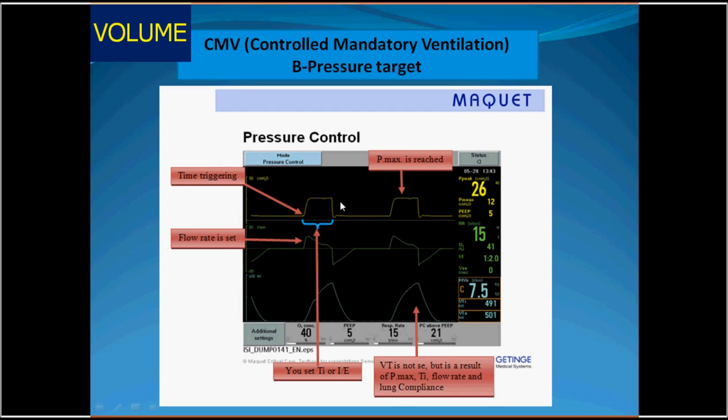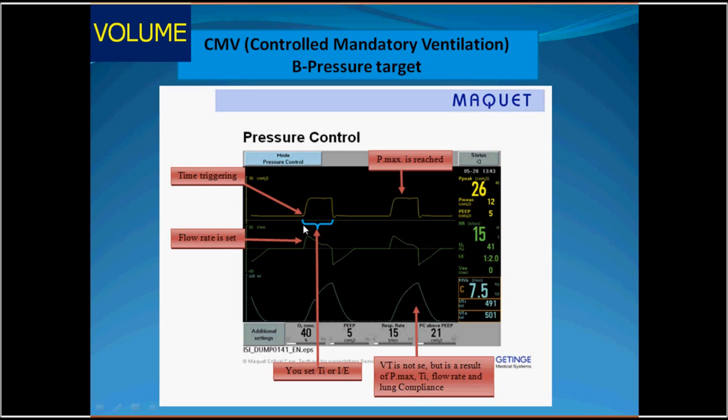The ceiling is the Pmax, which includes the resistance pressure. The peak pressure should be about 10 above the plateau pressure. If the plateau pressure is 30, the peak pressure should never exceed 40 centimeters of water. I'm talking about adults: 40 centimeters of water should be the maximum, which means the plateau pressure will be 30.